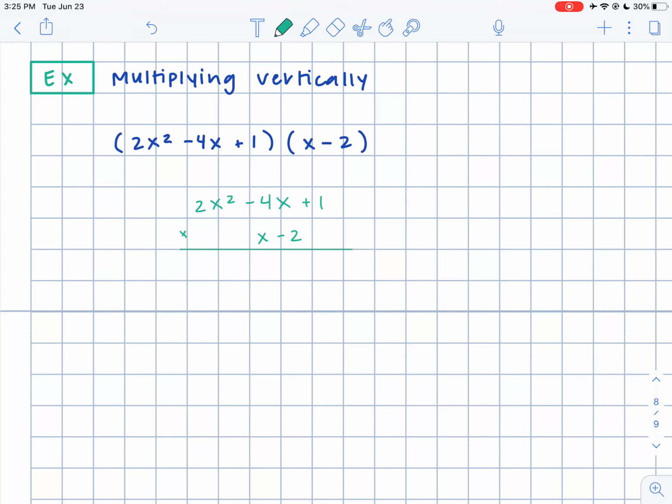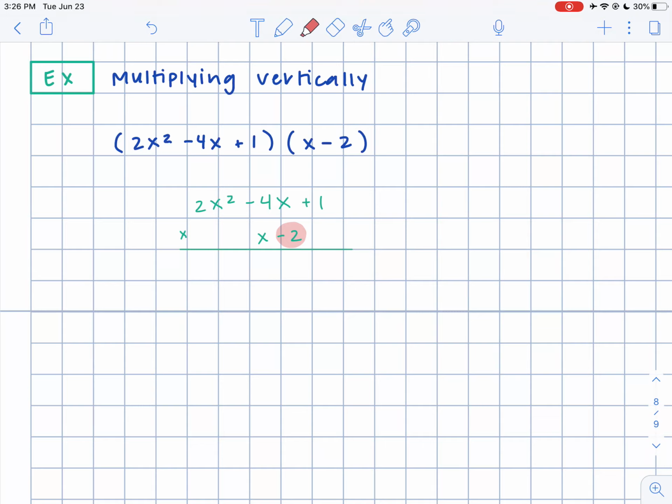So same thing, let's just focus on this term, negative 2, okay? You have to be careful with your sign. And remember, we are distributing it into all three terms. So just like the table, multiplying vertically is just another way to look at the distributive property, okay?